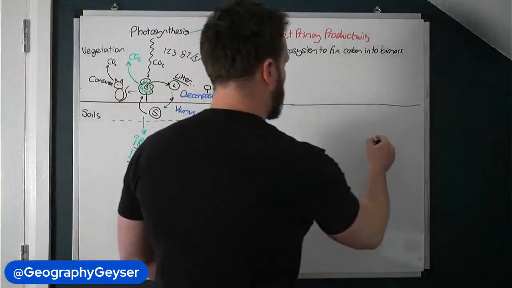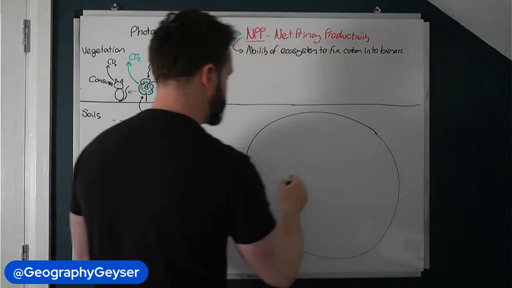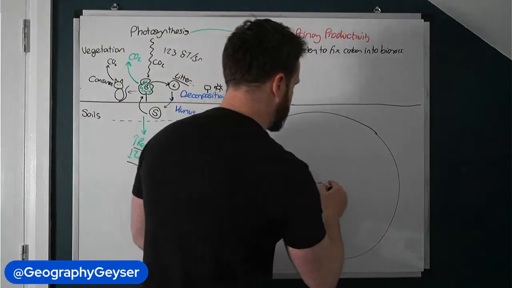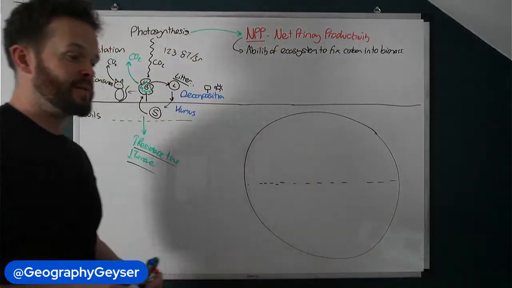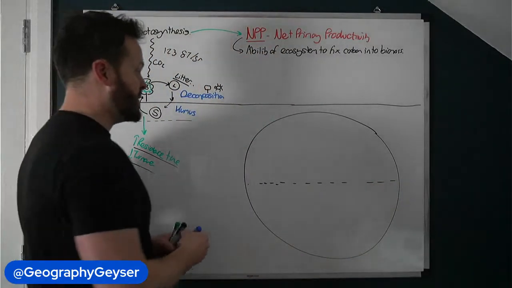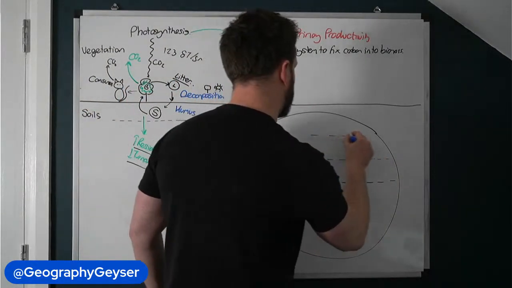So if we draw a globe down here, and again, this is what I do with a lot of my students, and let's draw the different latitudes. It's the easiest way to think about it is to think about it in terms of latitudes. And the main latitudes that I get my students to think about are the following ones.